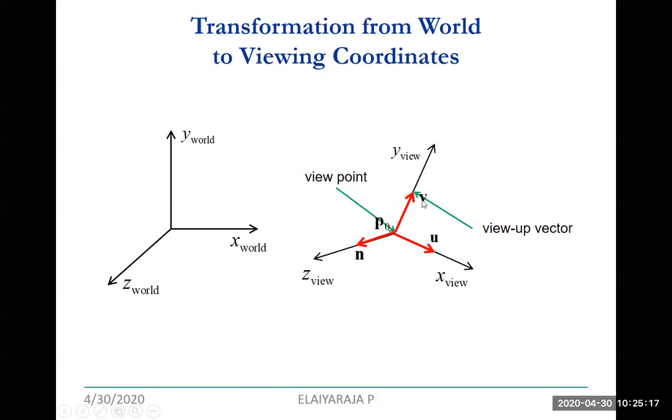Here the viewpoint is with respect to the coordinate values x, y, z. Suppose you consider the viewpoint from the z view axis, then the plane you consider is x, y. In that case, your up vector will be y. With respect to that, you have to write the reference frames.